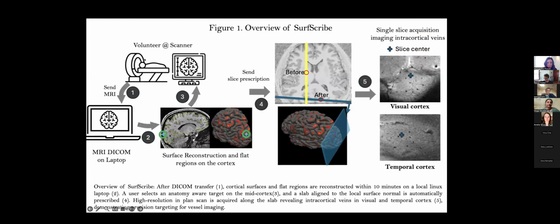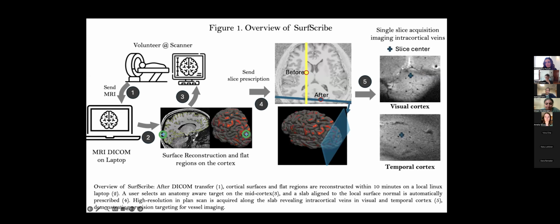The idea being that we scan someone at the scanner, we acquire, say, an MP range or an MP2 range, and we send that MRI directly to a laptop. And then at the laptop, we run cortical surface reconstruction and do whatever analysis we want to. In this case, we want to find flat regions in the surface so that we can put the line or the slice.